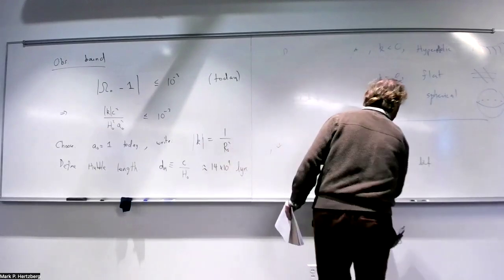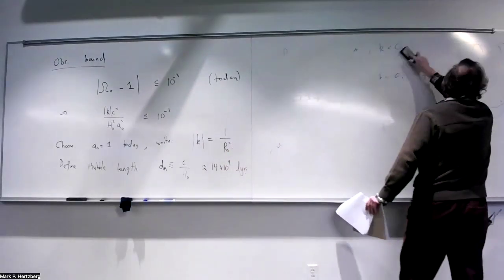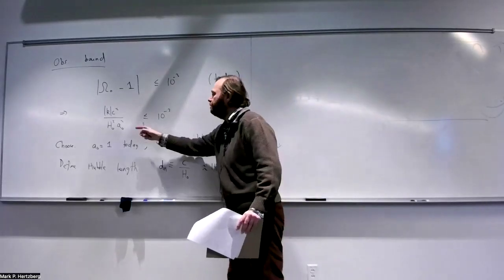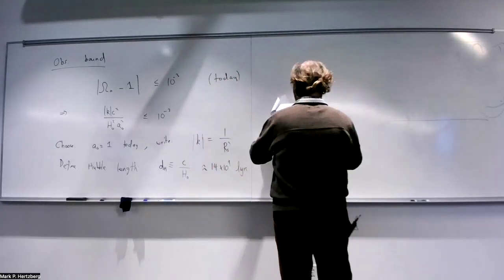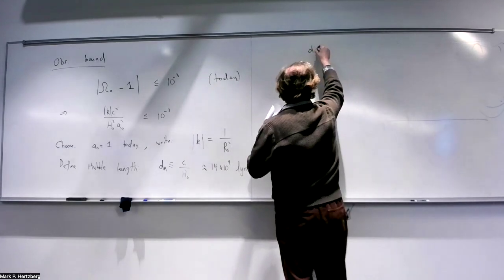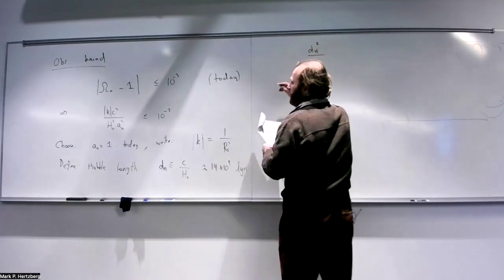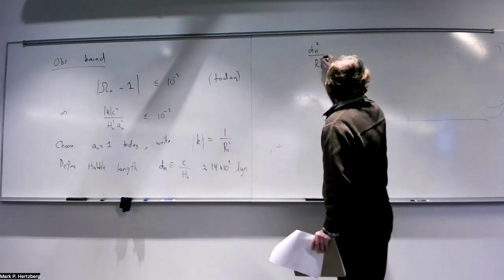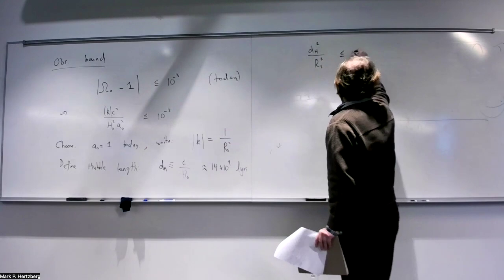And so we obtain, putting this into here, we obtain the Hubble length, today's Hubble length, d_H squared. The k I'm going to trade in for 1 over R squared. This must be less than 10 to the minus 3.